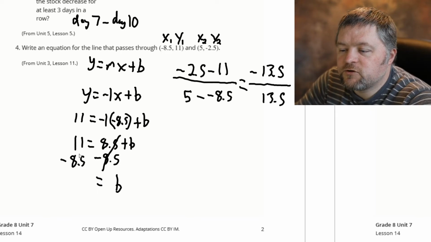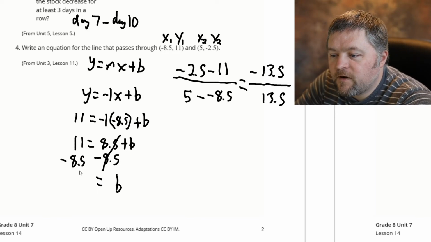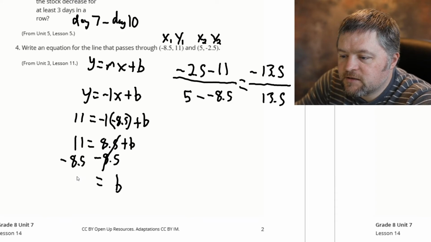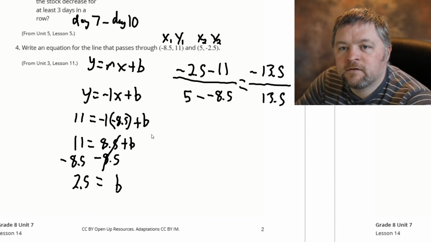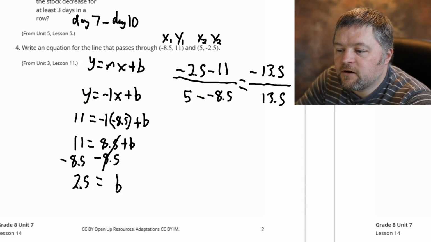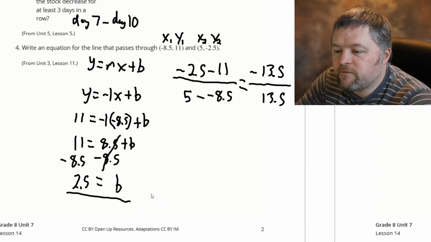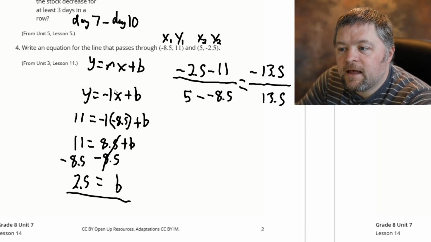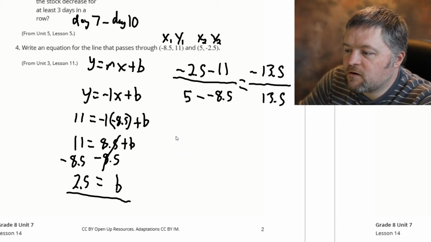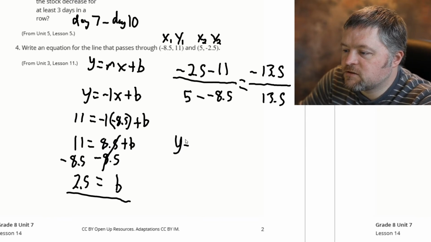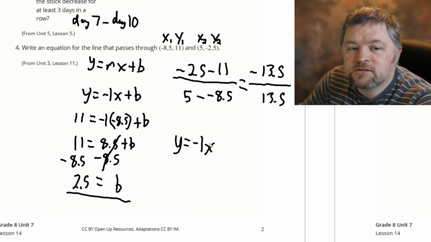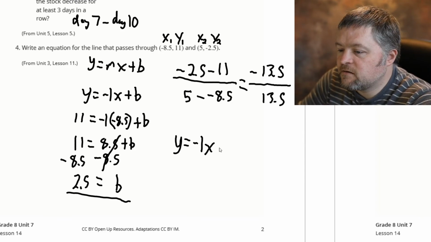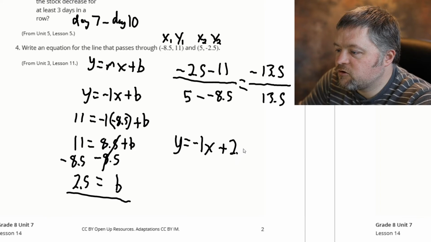B is equal to 11 subtract 8.5, which is 2.5. So now we know b equals 2.5. We know our m is negative 1, so our equation is y equals negative 1x, which could also just be negative x, plus 2.5.